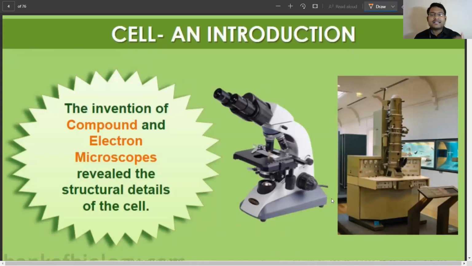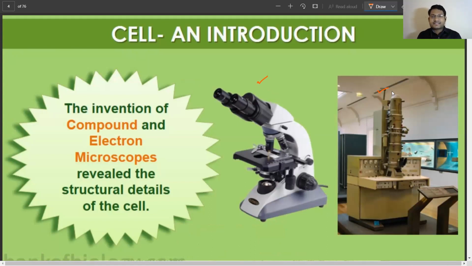Now, as I said, the understanding of the cell at that point of time was limited by the quality of the microscope, the standard of the microscope. But over time there was a lot of research and a lot of improvement in the quality of the microscope, including the development of the compound microscope and also the electron microscopes.